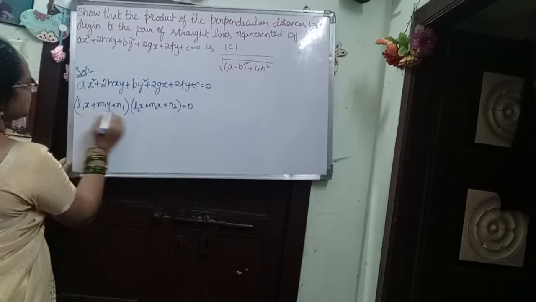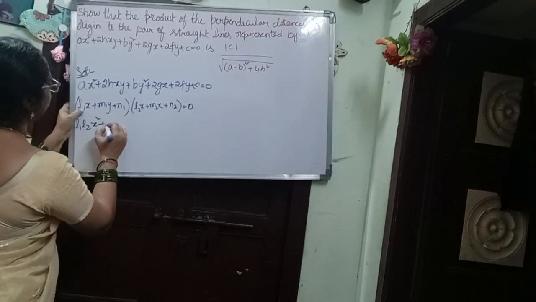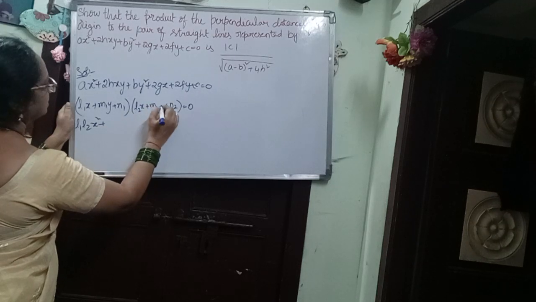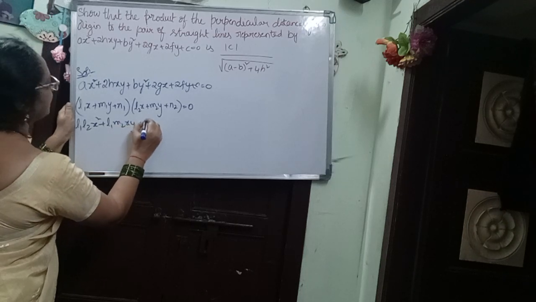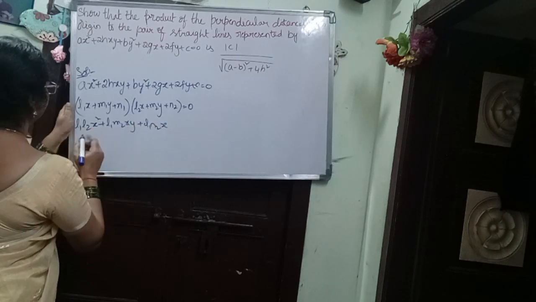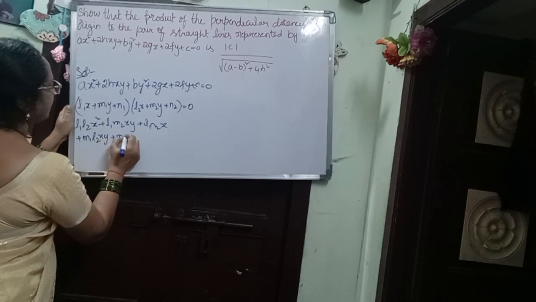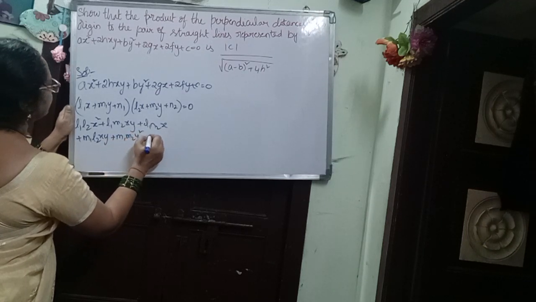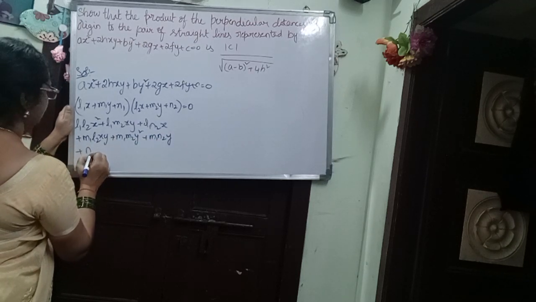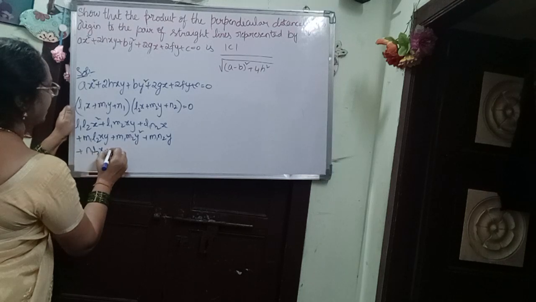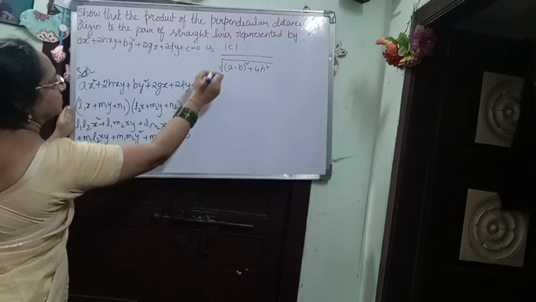Before that, let us multiply and compare the coefficients. So here L1 L2 x square plus L1 M2 xy plus L1 N2 x plus M1 L2 xy plus M1 M2 y square plus M1 N2 y plus N1 L2 x plus N1 M2 y plus N1 N2 equals to 0.